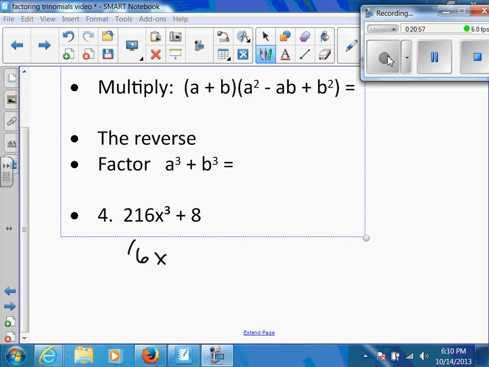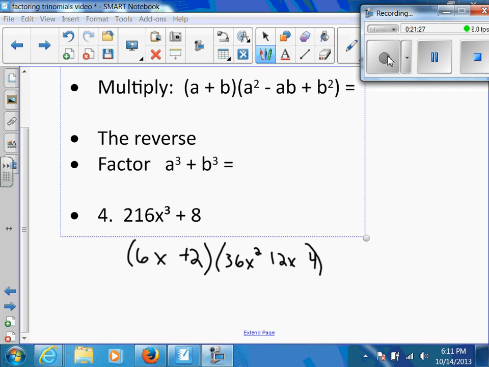And we'll keep the sign the same, plus. Now we take and square 6x, get 36x squared. Multiply the two together, we get 12x. And square 2, we get 4. Switch the sign, keep the same. Now, do we notice anything here?